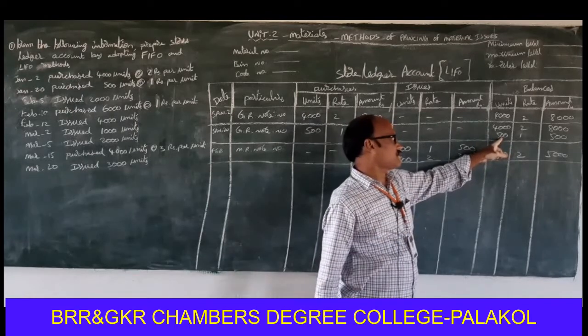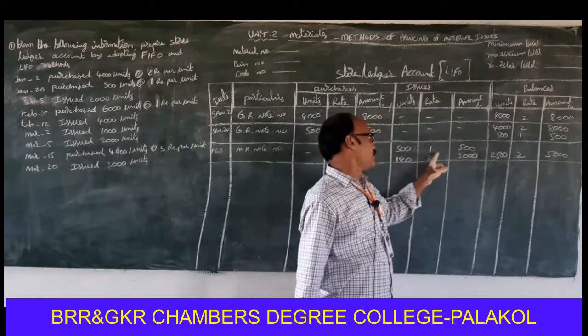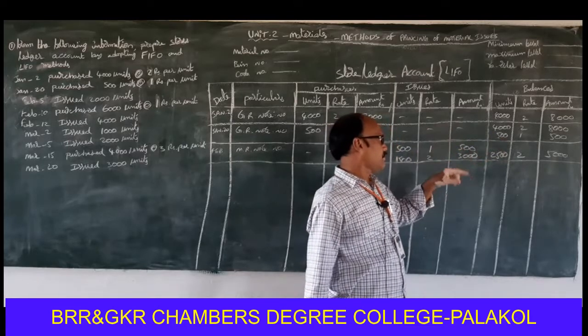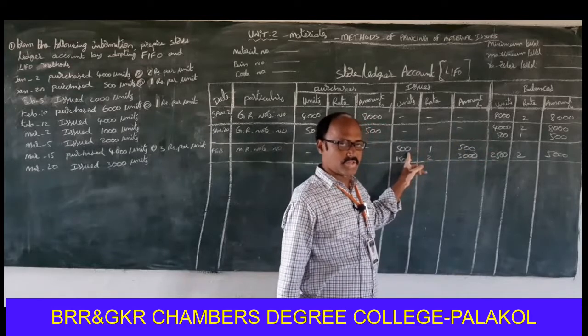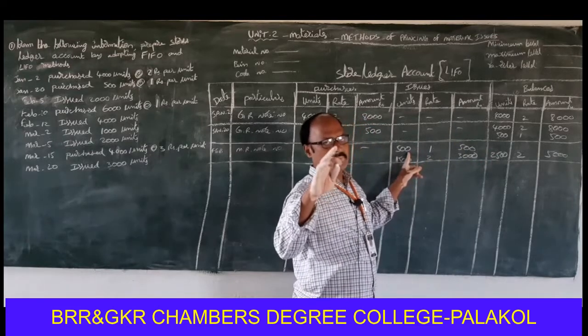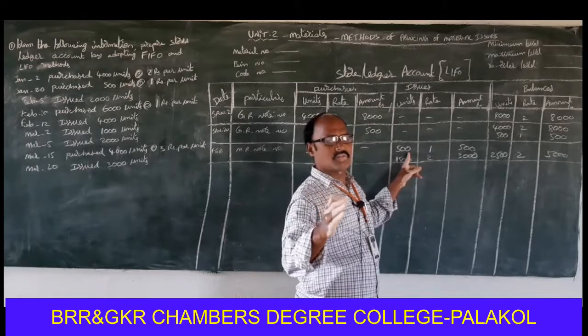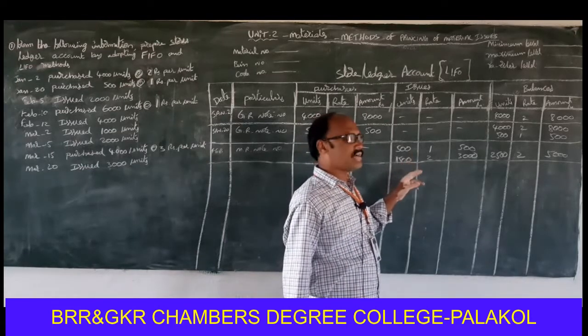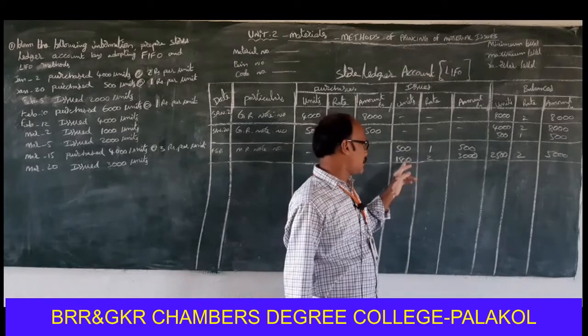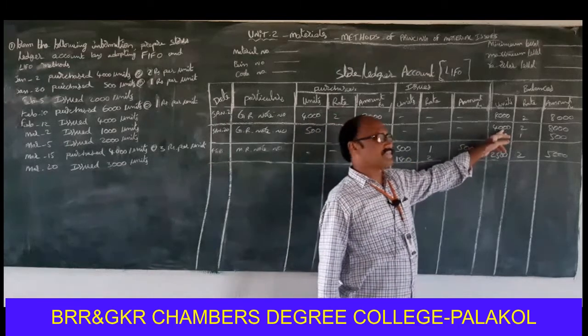So release this one first. 500 into 1, 500. Remaining, the total number of units wanted to issue is 2,000 units. So 2,000 minus 500, remaining 1,500 units required. Those 1,500 units are released from this.